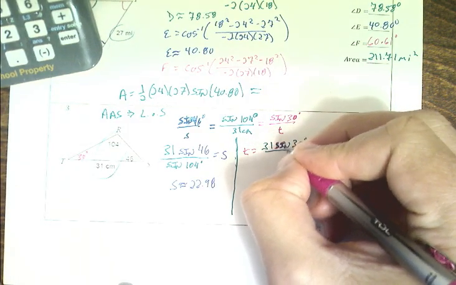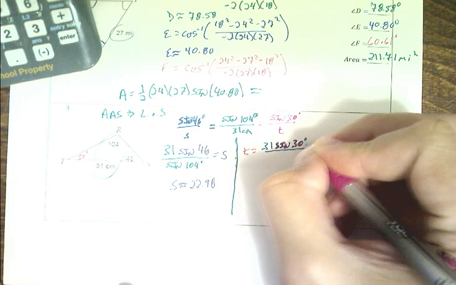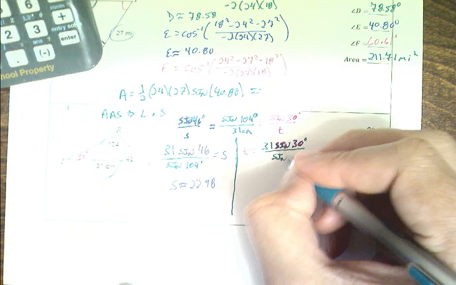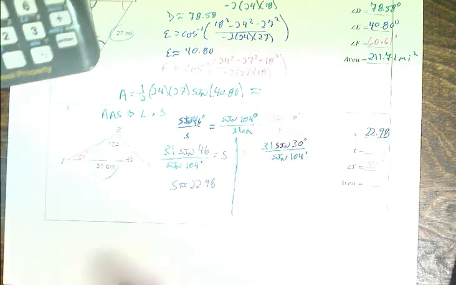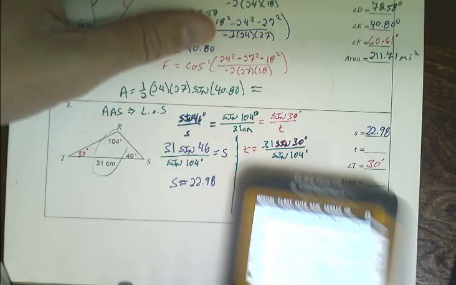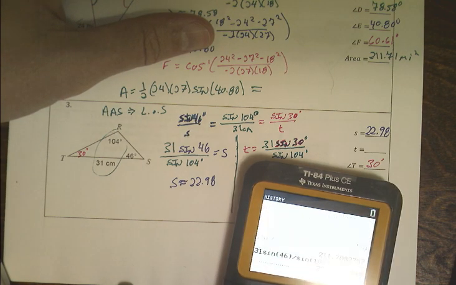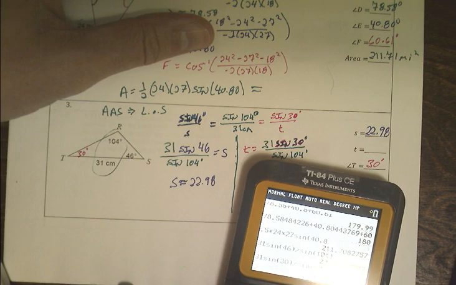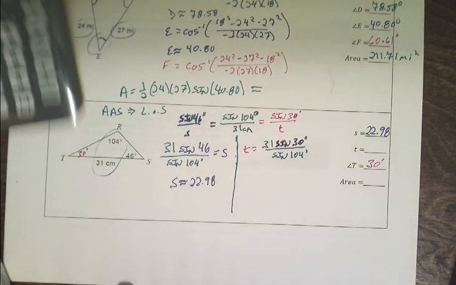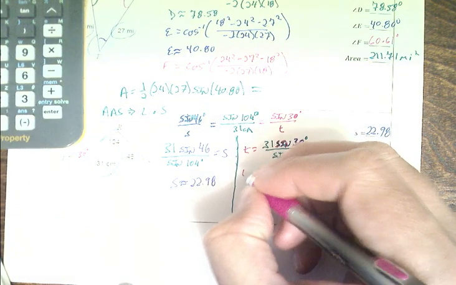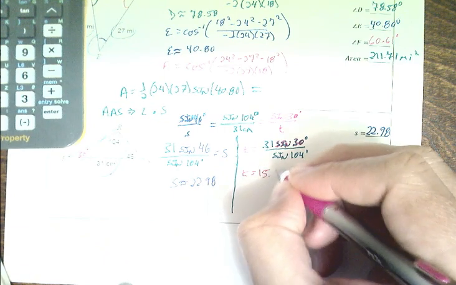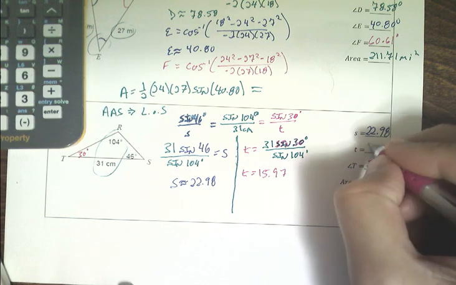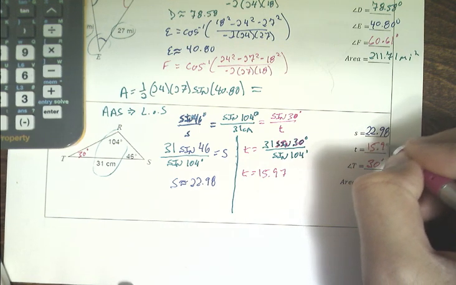Messed that up. Sine 30 is pink. Divided by sine 104. So we should get 31 times sine 30. So 15.97. t is equal to 15.97.